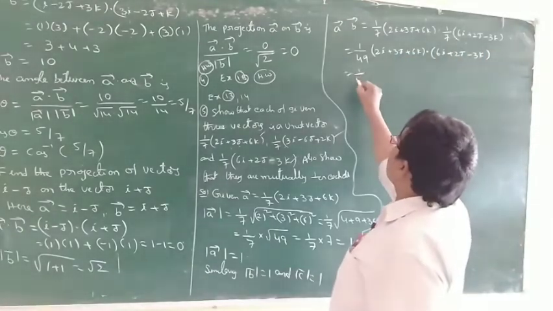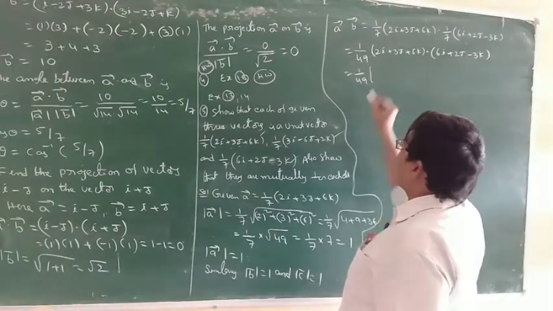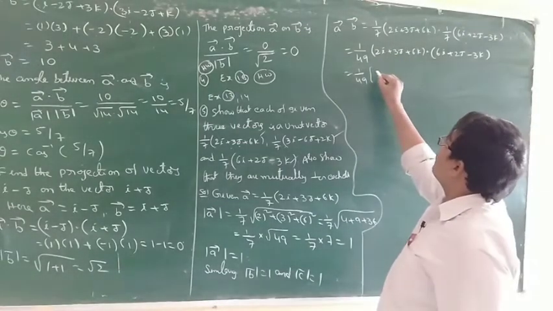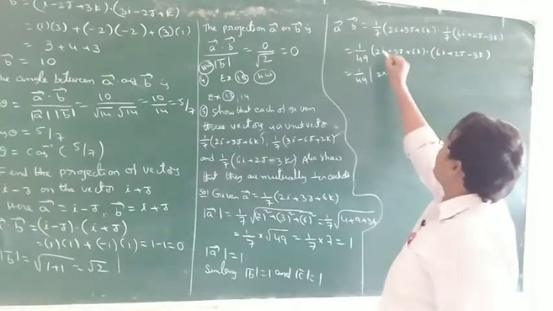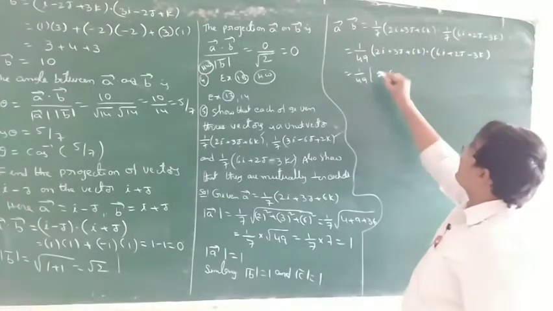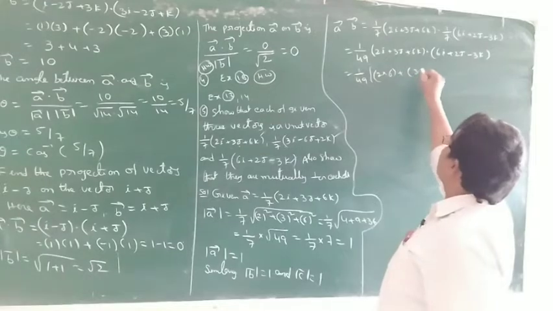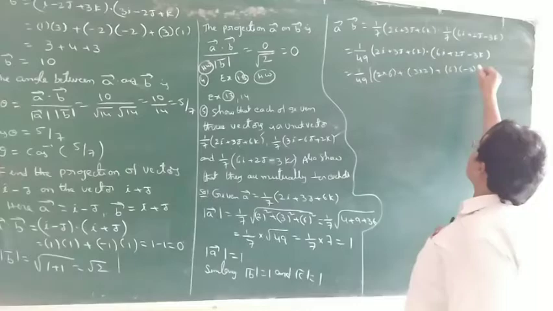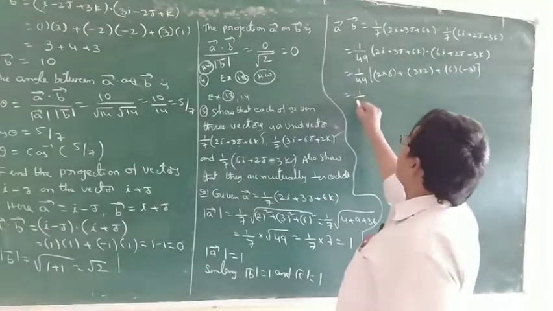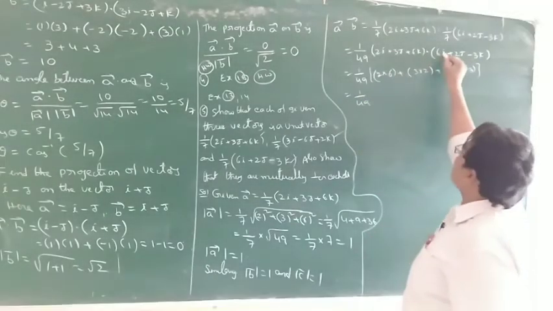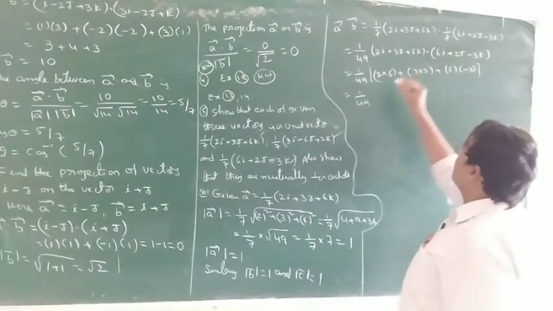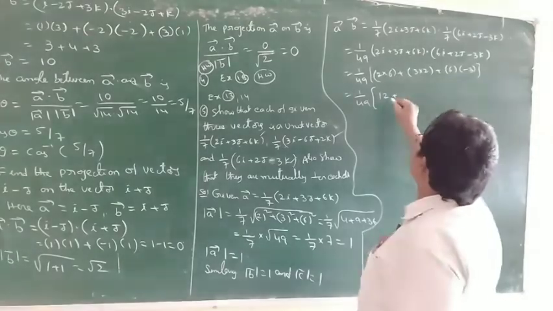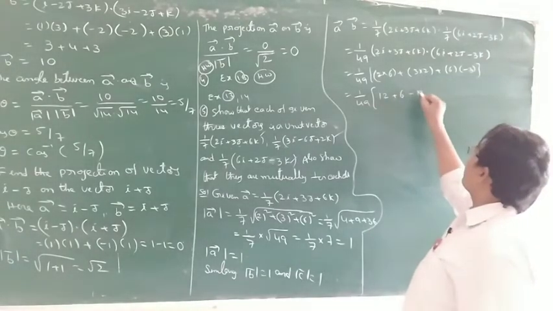1 by 49 into 2i plus 3j plus 6k dot 6i plus 2j minus 3k. How to calculate a scalar product? This is 2 into 6, the i component, plus 3 into 2, plus 6 into minus 3. So 2 into 6 is 12, plus 6, minus 18.